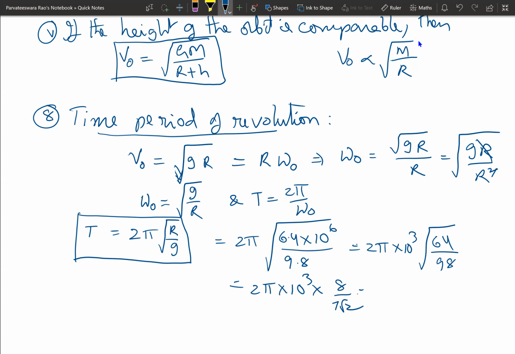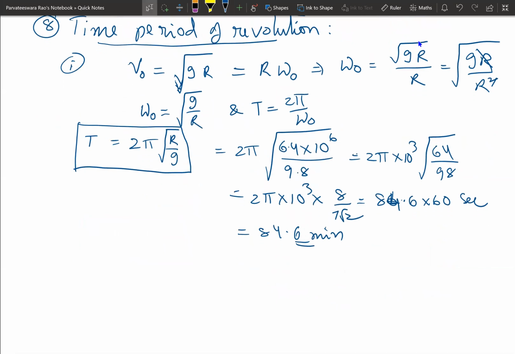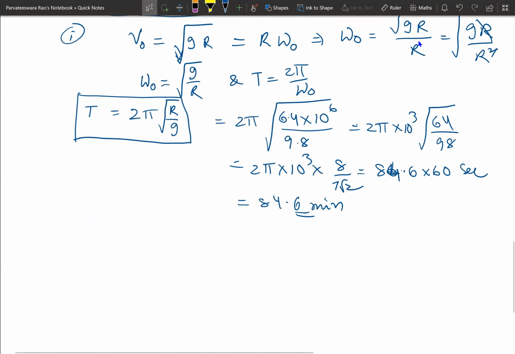If you simplify this, we'll be getting 84.6 into 60 seconds, or 84.6 minutes. So the time period of a satellite which orbits very close to Earth's surface is 84.6 minutes.